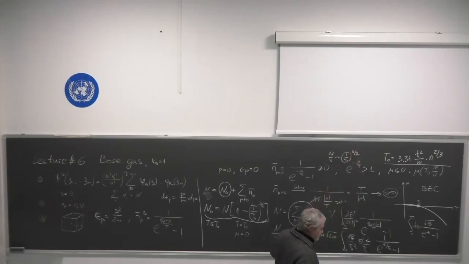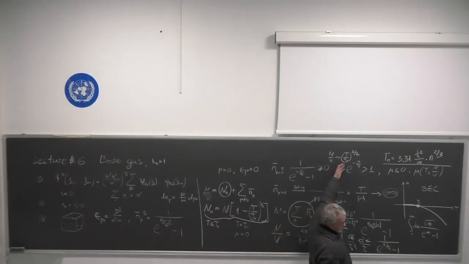Moreover, the density on the left-hand side goes to zero if the temperature on the right-hand side goes to zero. And this is nonsense because the density on the left-hand side is fixed. It cannot go to zero.